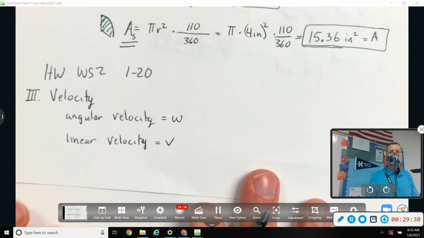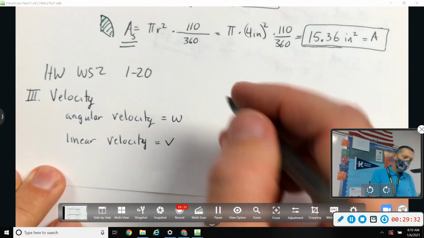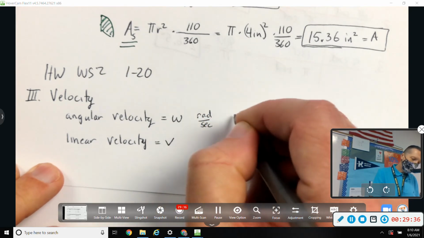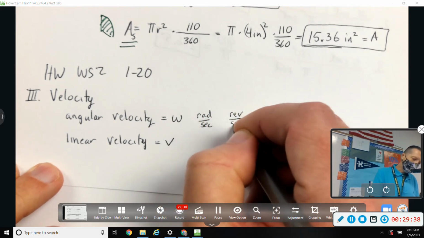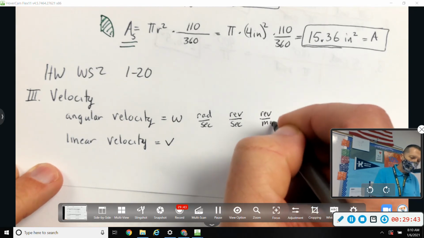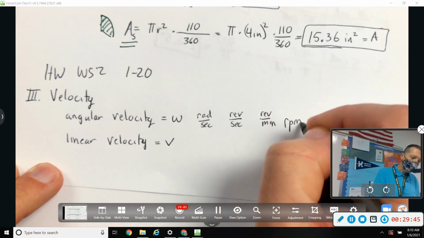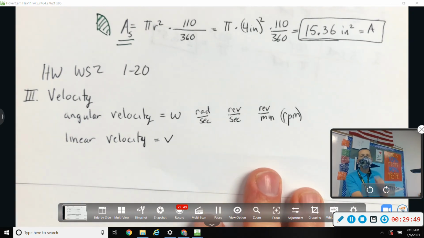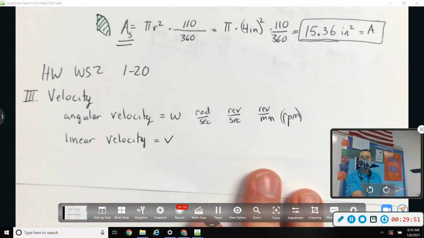That's a Greek letter. It's measured in radians per second, sometimes revolutions per second, or revolutions per minute. RPM, you've heard that probably with cars maybe. RPM is revolutions per minute. That's an angular velocity, how fast something is spinning.